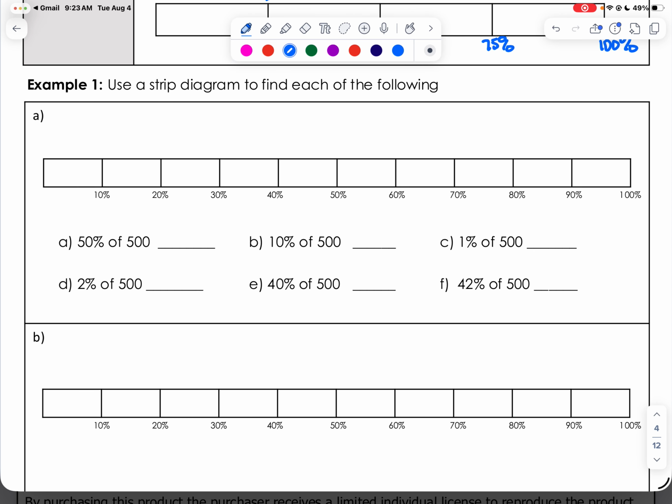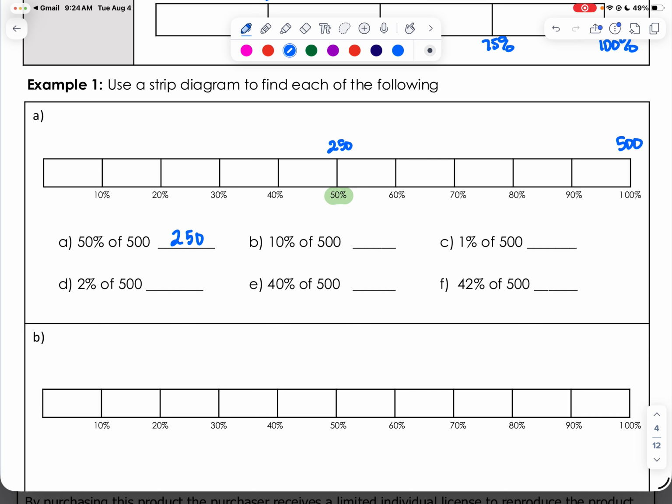So in all of the problems in example A, we're using 500 as our whole. So 100% is 500. So if I wanted 50%, I'm taking half of 100% is 50%, and half of 500 is 250. So 50% of 500 is 250.